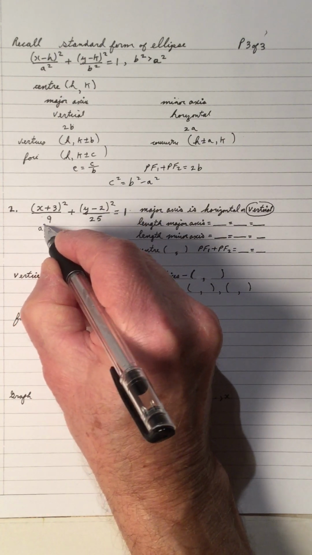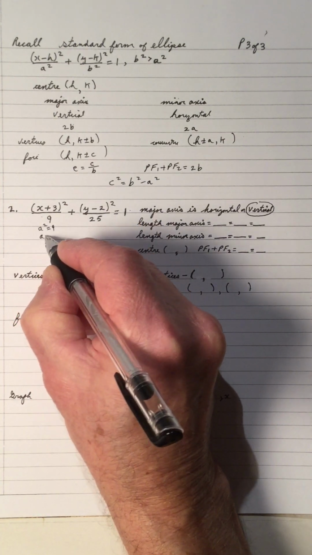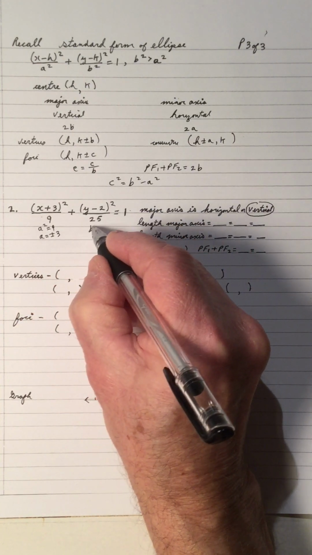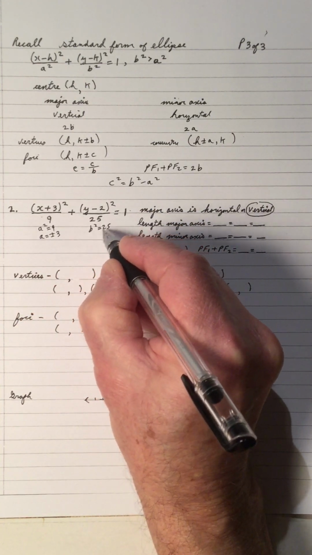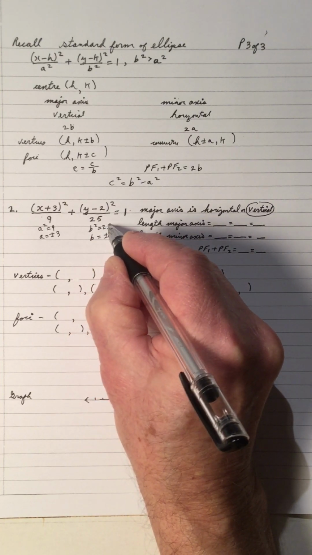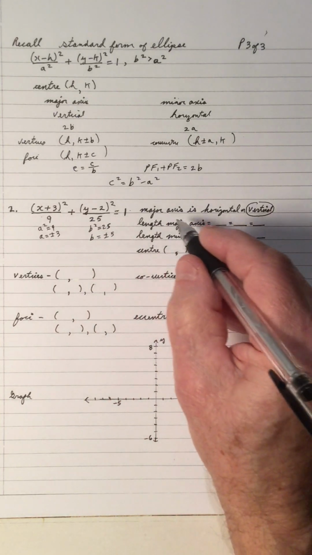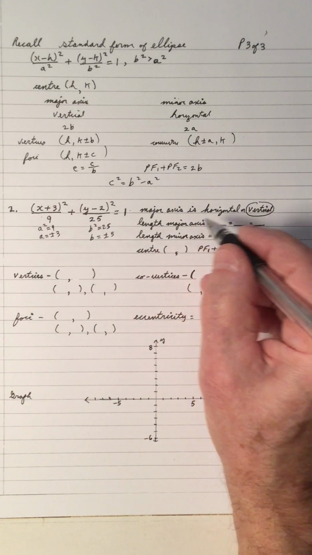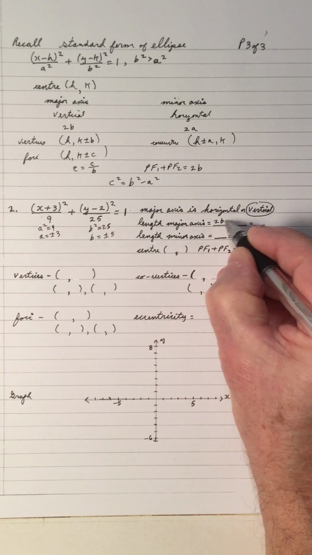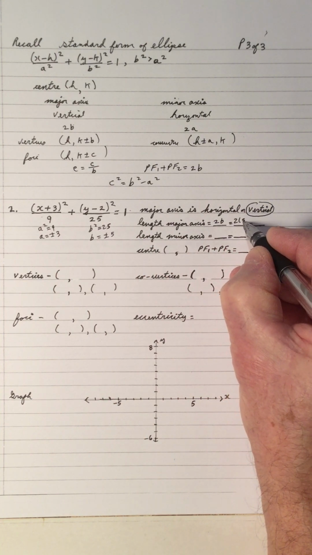So let's go on. a squared equals 9, so a is plus or minus 3. b squared is 25, so b is plus or minus 5. The major axis is the vertical, so it's twice b, which is twice 5.